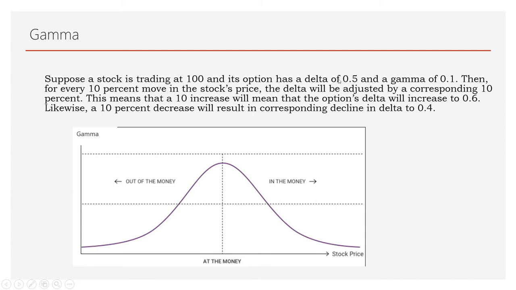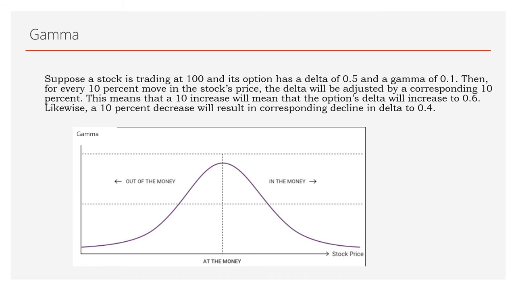Earlier it was 0.5, now delta is 0.6. And if the price decreases by 10%, delta will decrease to 0.4. So basically, gamma tells at what rate, at what speed our delta is changing. The change in delta is denoted by gamma. Okay, I hope it is clear.